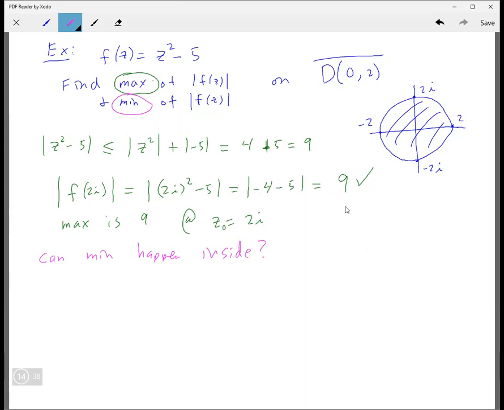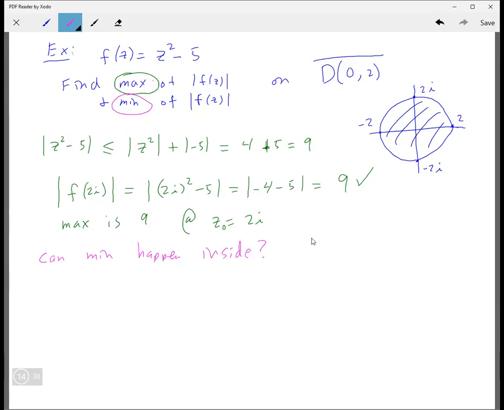According to the minimum modulus principle, the only way a minimum can happen inside is if f of z is 0.